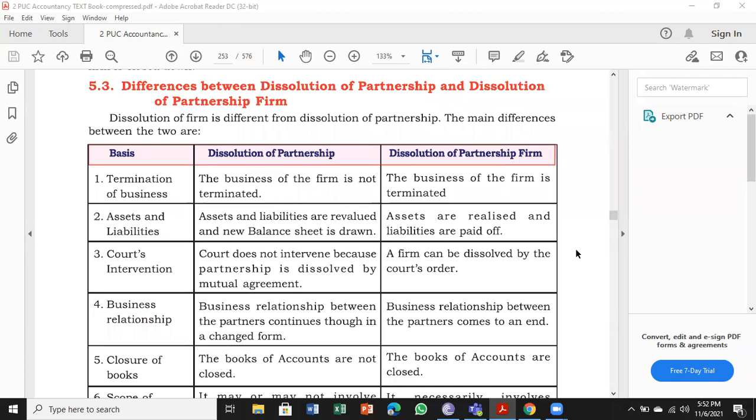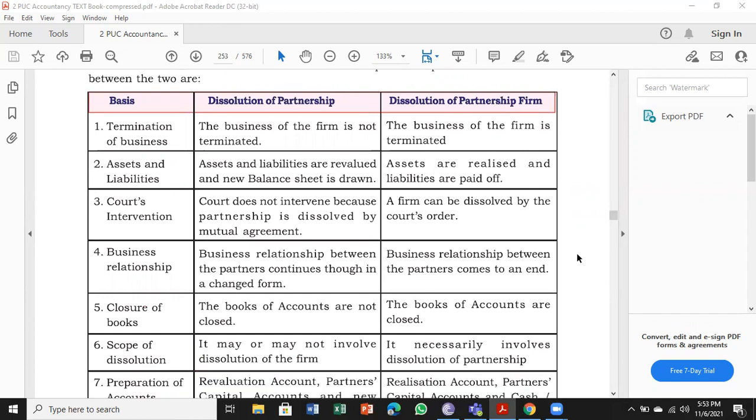So what are the differences between these two? You have to observe one very important thing, that is firm. Firm means business. Partnership is only an agreement among the partners. That is the one you have to keep in mind. What are the different bases for differentiation between dissolution of partnership and dissolution of partnership firm?